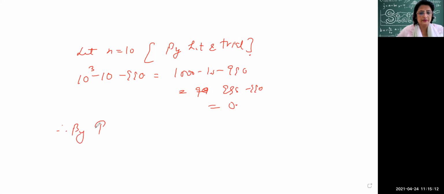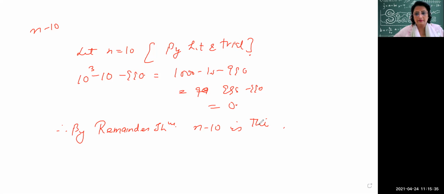Therefore, by remainder theorem, you know what is the remainder theorem? So इसका मतलब n is equal to 10 इस equation को satisfy कर रहा है. इसका मतलब n minus 10 इस equation का factor है. So therefore by remainder theorem n minus 10 is a factor of n cube minus n minus 990, right?